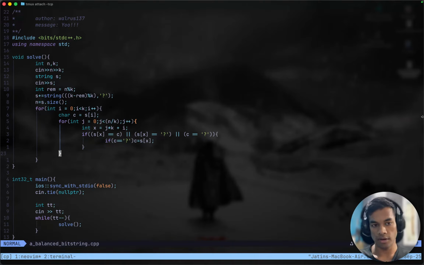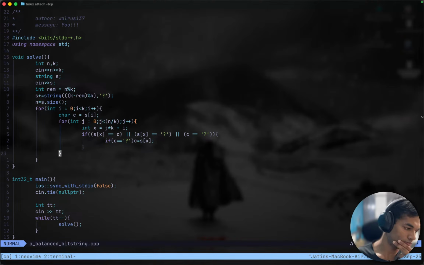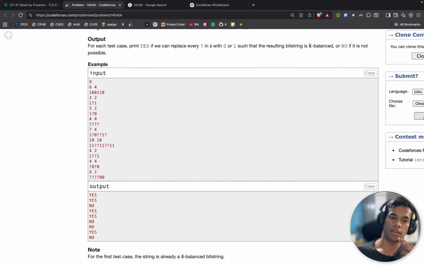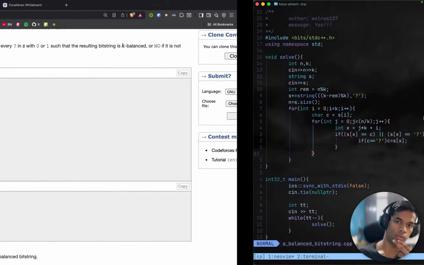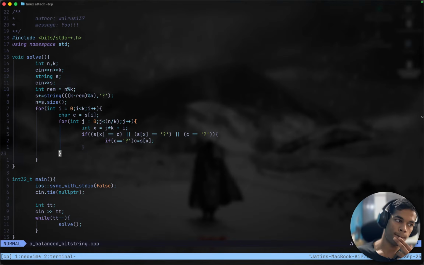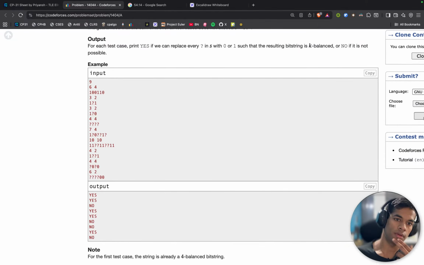And then after this, we will either have c equal to some character like 0 or 1, or not equal to some character. And do we want to go through and change them?